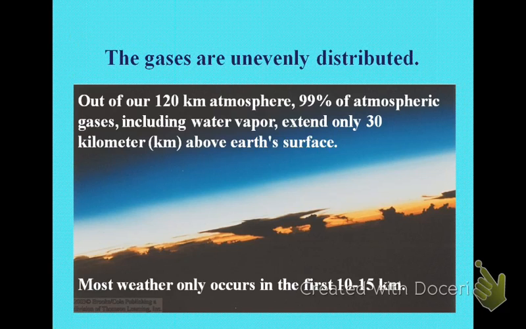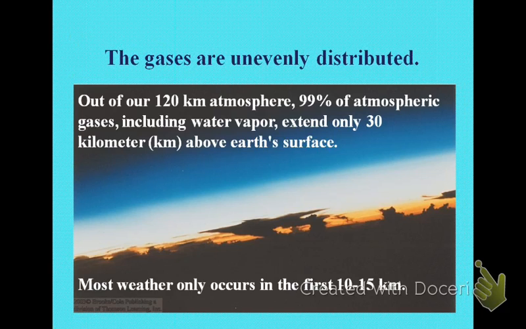So only the first 30 kilometers is where all those gases are. 99% of that. So the rest of the 110 kilometers in the atmosphere, there's just little specks of those elements floating around.